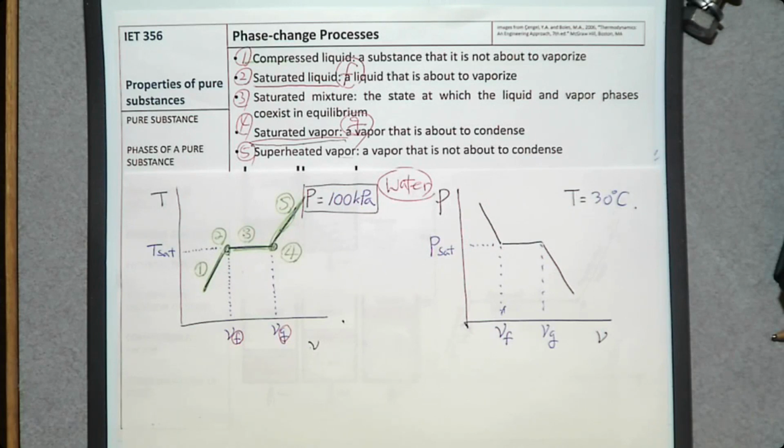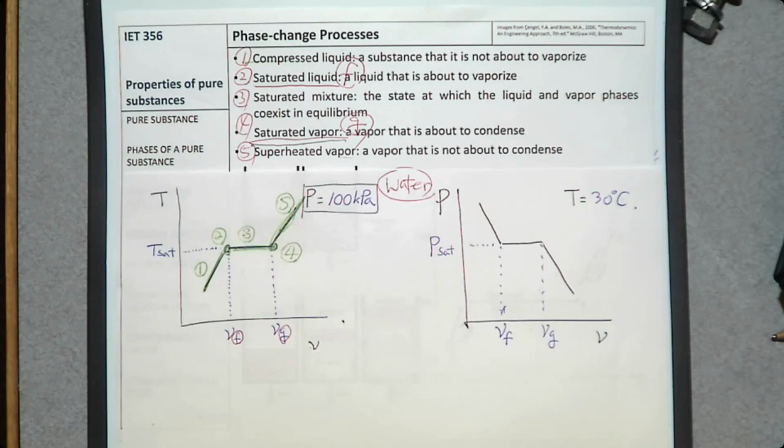And if you decrease the pressure of the system, then at a certain point, when pressure is the saturation pressure at this temperature, it will undergo phase change and become vapor.